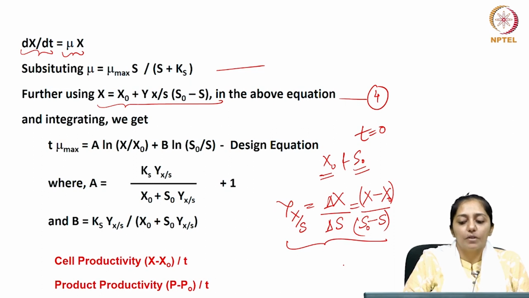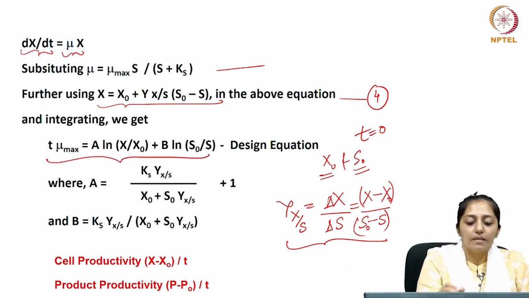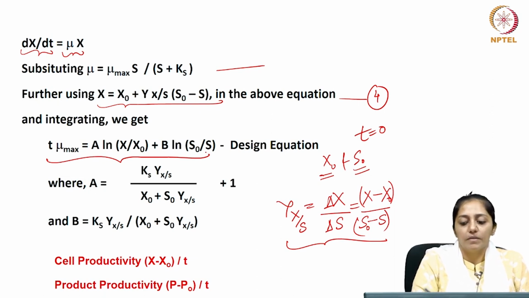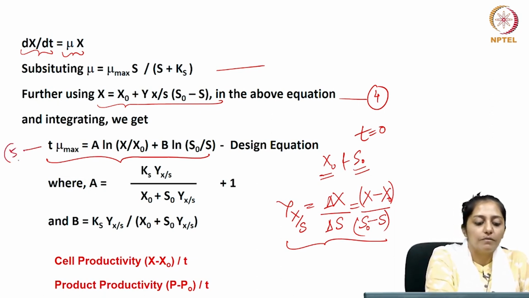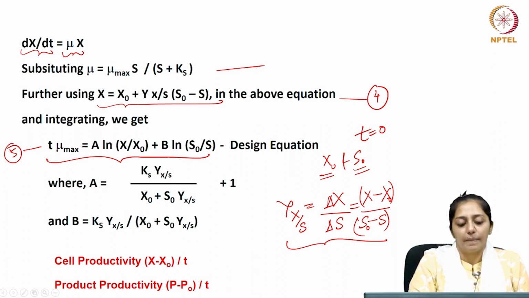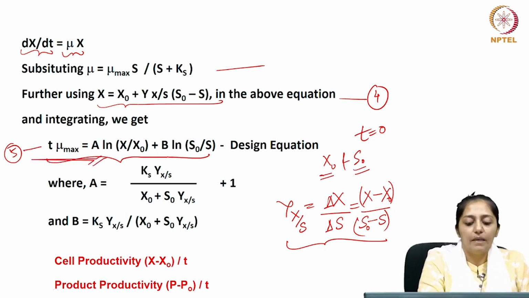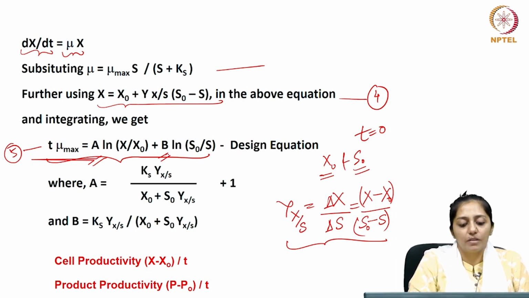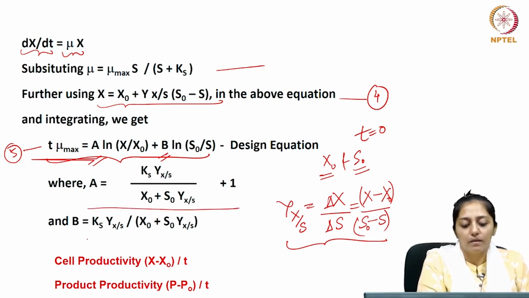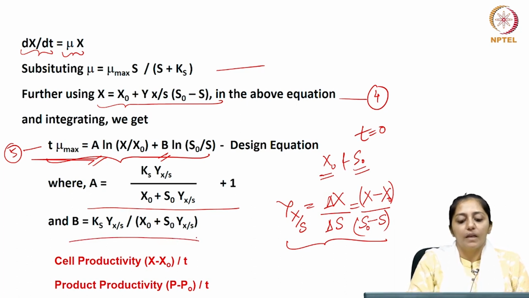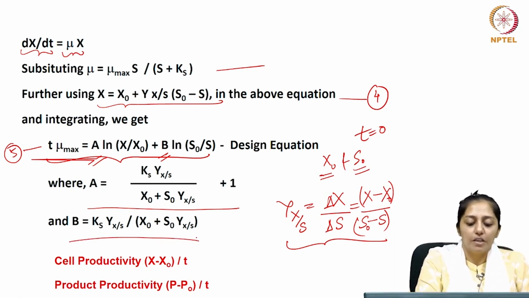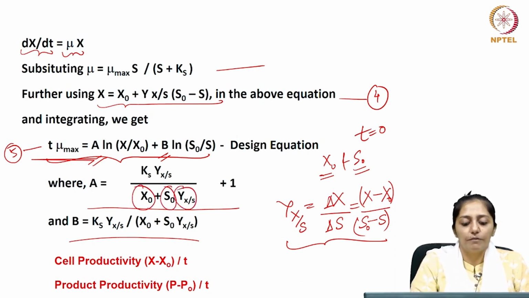When we do the substitution and we integrate equation 3, we end up in a design equation which is given as equation 5, and A and B in this equation are constants given below in terms of the initial biomass concentration, the initial substrate concentration, the yield coefficient and the Monod saturation constant.